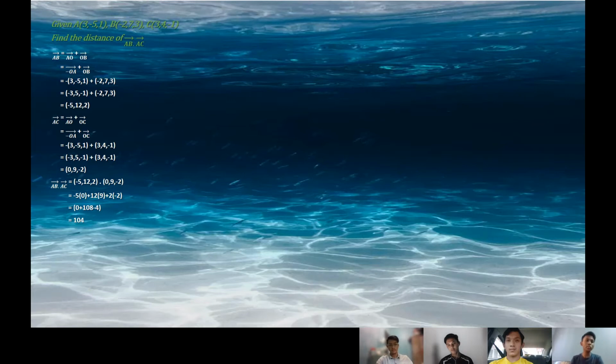So the solution is AB equals AO plus OB.